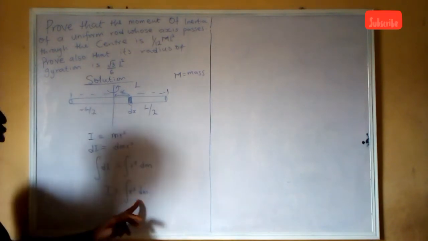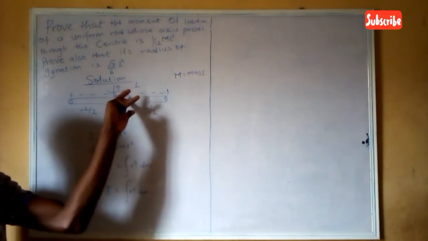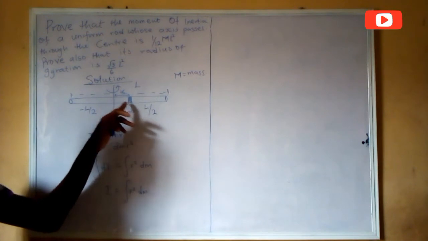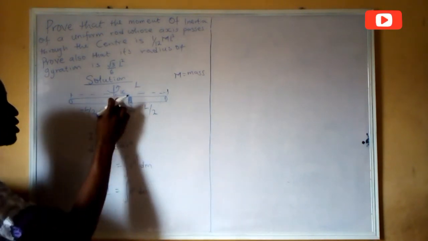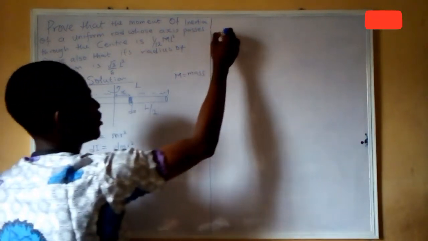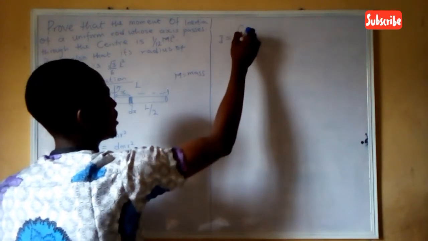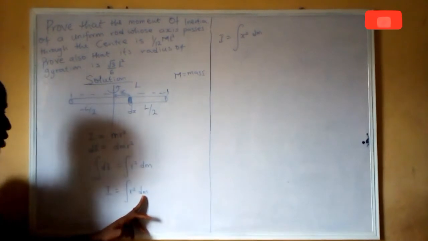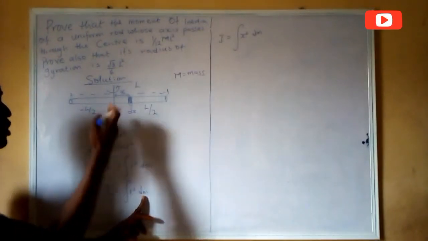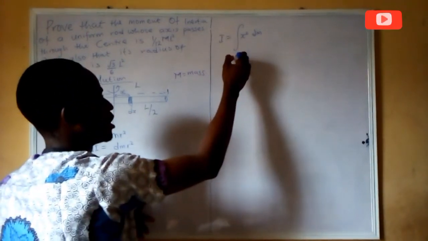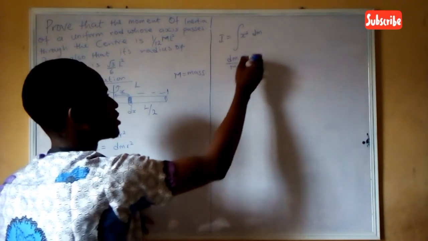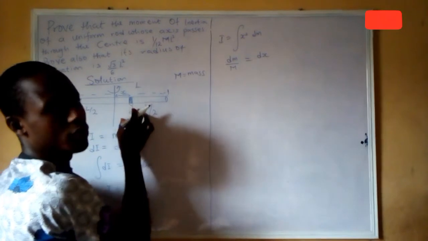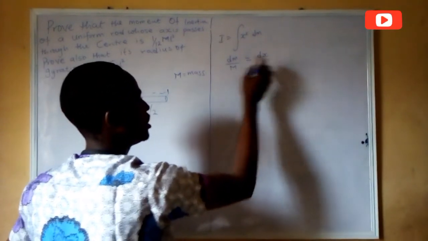Anyway, we are going to use this now in relation with this small particle here. The distance between the axis of rotation and the small particle is x. So I becomes the integral of x squared dm. Now how can we transform dm to dx? There is a ratio: the small mass over the big mass equals the small length, or thickness of the small particle, over the whole length.